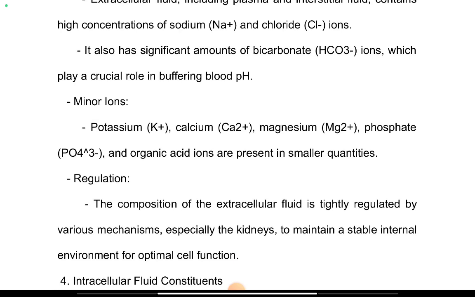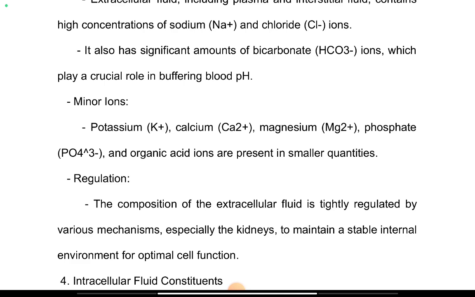The kidney is responsible for controlling the ionic concentration in the plasma. When sodium is low, there will be activation of the renin-angiotensin-aldosterone system: more aldosterone, more sodium retention. But when sodium is high, there will also be some regulations. The kidney is responsible for fluid regulation, as I've explained: when there's more fluid, you urinate more, diuresis. And it is also responsible for ionic regulation, which we call electrolyte regulation.